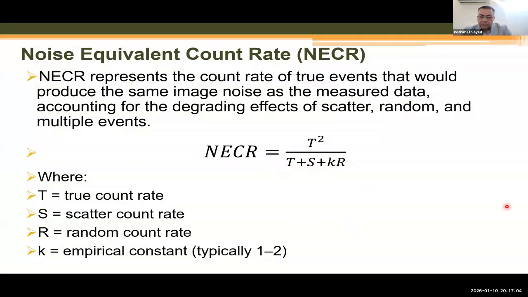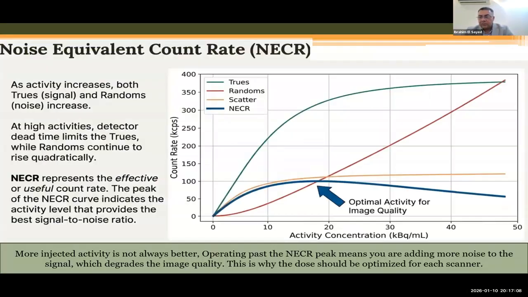So we need to know why we will account for the NECR. Not all institutions, by the way, will use the same protocols. How can we decide? From this one. From the noise equivalent count rate, we have this relation between the count rate and the activity concentration. The green line is the trues, the orange one is the scatter, the red one is the randoms.